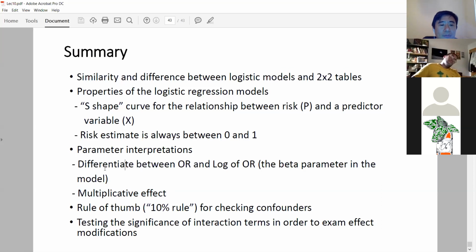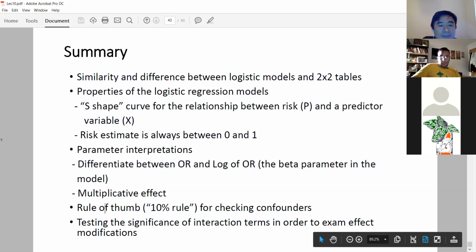Also you need to differentiate between odds ratio and log of odds ratio. Always keep in mind that in the original parameter estimate table, the beta parameter table, those are the log of odds ratios. You cannot use that as the odds ratio. If you want to use that, you have to manually apply the exponential function to get the odds ratio, or you can use the SAS output for the odds ratio.